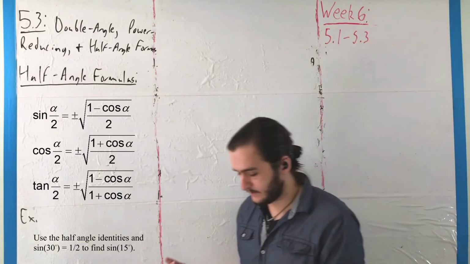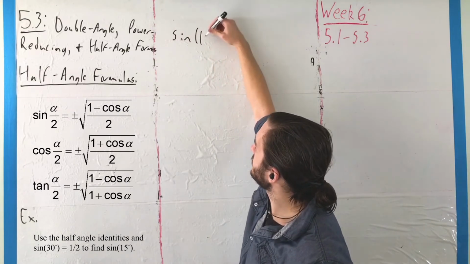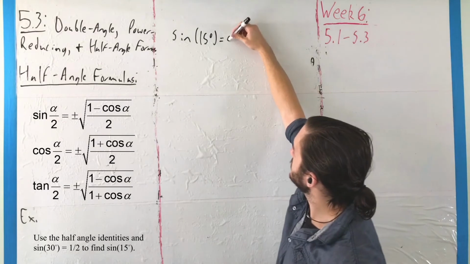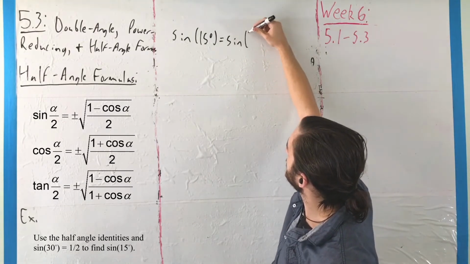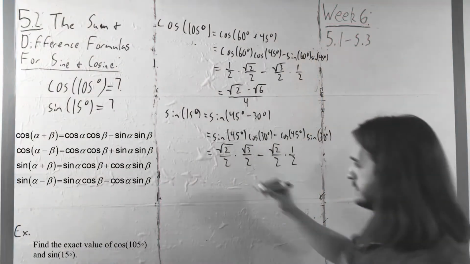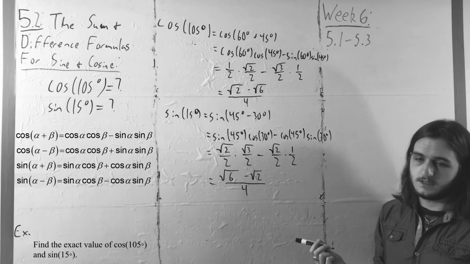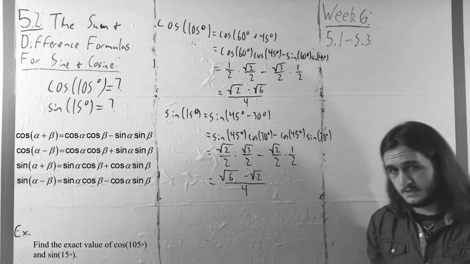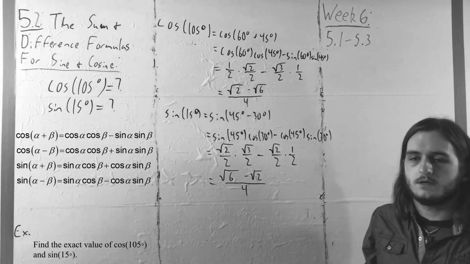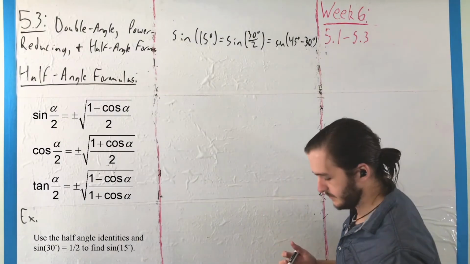So if we have that sine of 15 degrees, this is essentially the same as sine of 30 degrees over 2, where a different way we saw this was as sine of 45 degrees minus, oh, not sine there, that should be just a 30 degrees. And we used the difference of angles formula. Well, in this case, we'll use the half-angle formula.